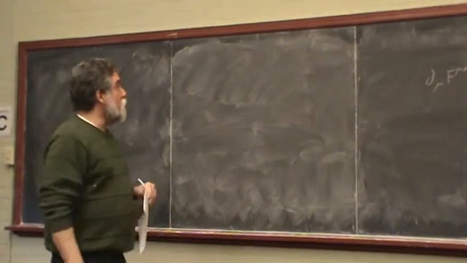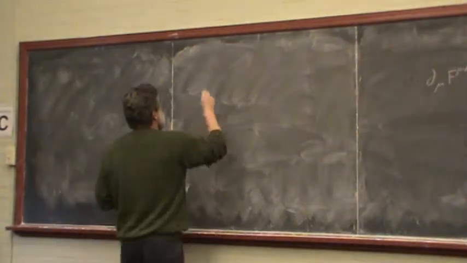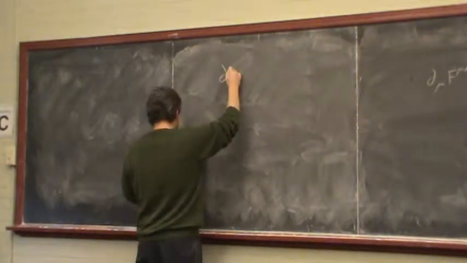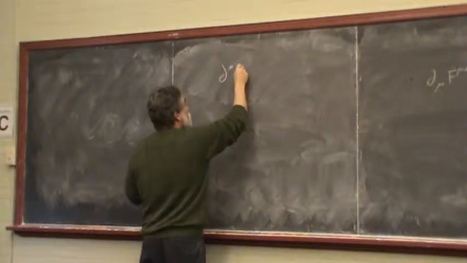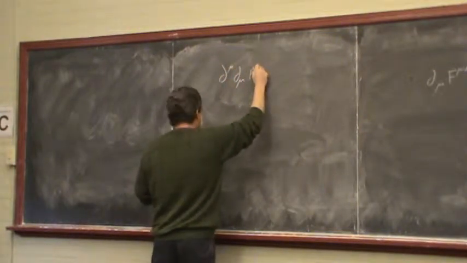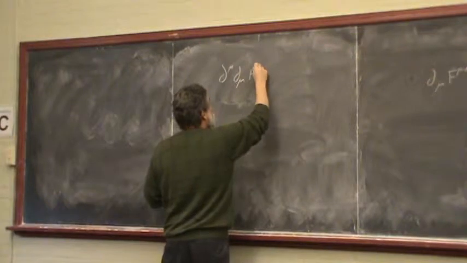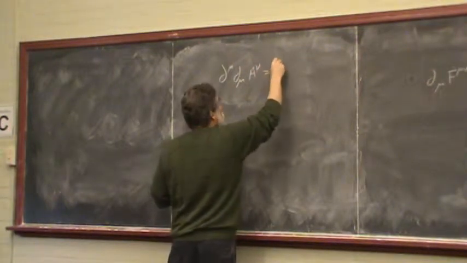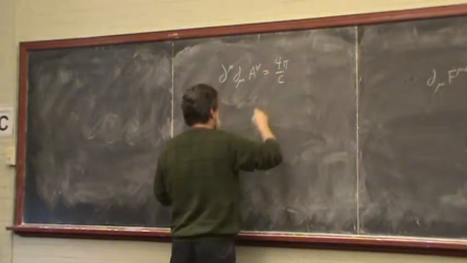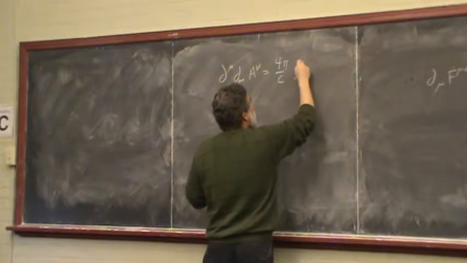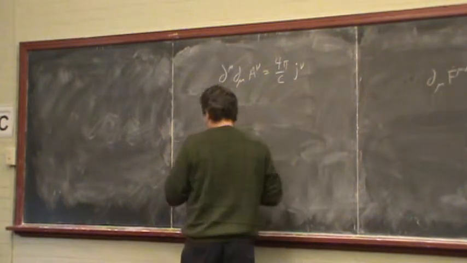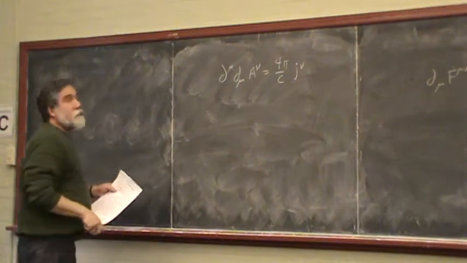Okay, so what did we know about the four-vector potential? It's related to the four current.